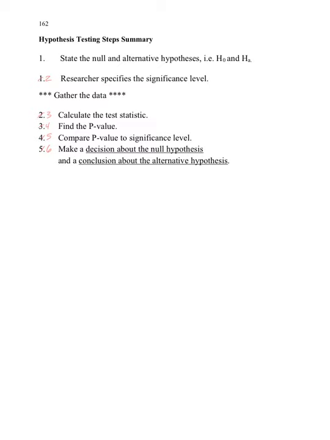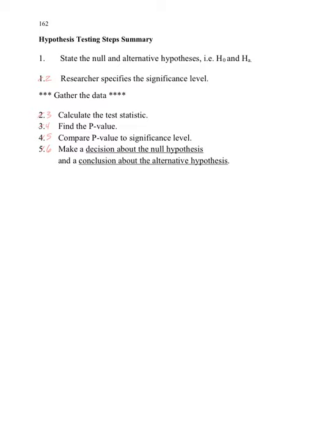So our 6 steps are: state the null and alternative hypothesis. Second step is the researcher specifies the significance level, at which point in real life the data would be gathered. And then with the data, calculate a test statistic, use the test statistic to find the p-value.